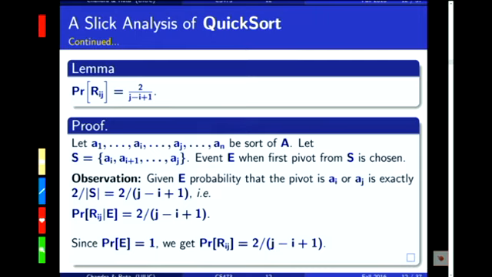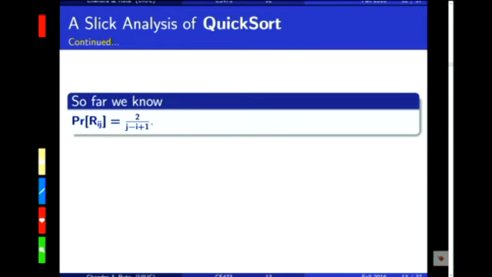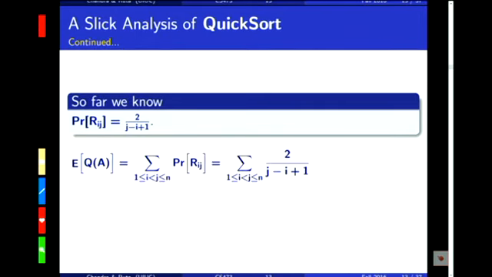So now we have this. Then we just want to sum these numbers for I less than j, between 1 and n. This was the expected number of comparisons I'm making, and the formula is the summation of P of Rij for I less than j. We just replace the probability of Rij with 2 over j minus I plus 1.